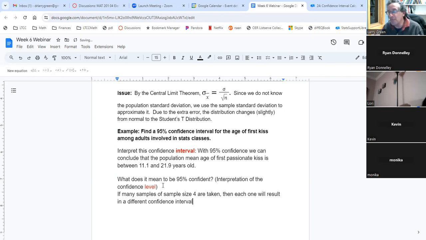If I ask 4 different people, how old were they when they got the first kiss? You're going to get different answers and you get a different confidence interval. Does that make sense? 95% of these confidence intervals will contain the true population mean age of first passionate kiss.